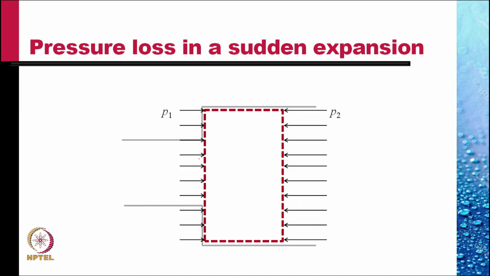So we can calculate the net horizontal force as P1A minus P2A in the horizontal direction. And that should be equal to the net efflux of momentum.